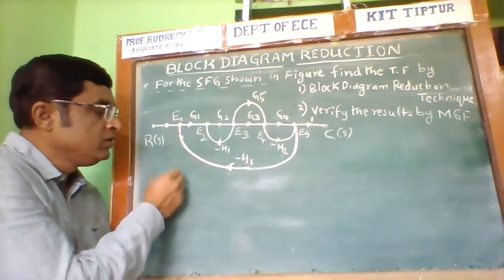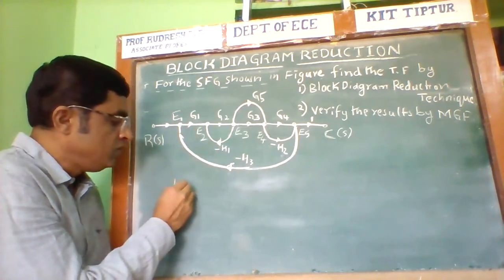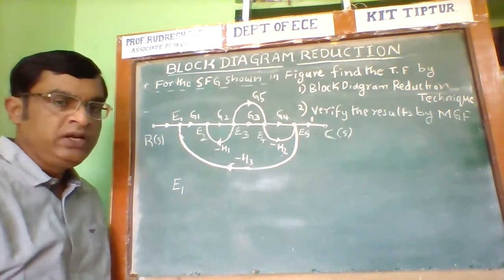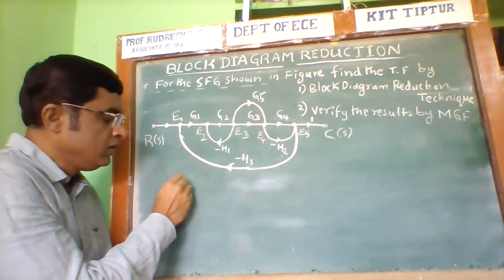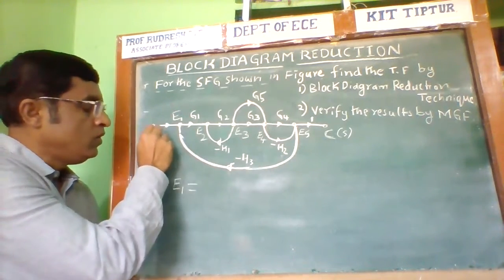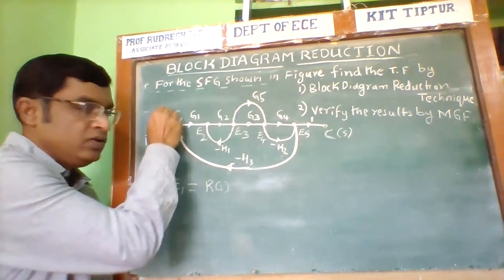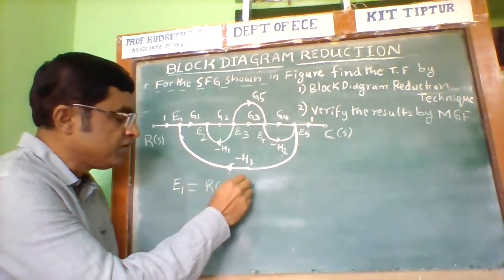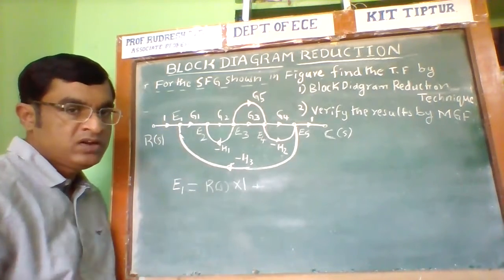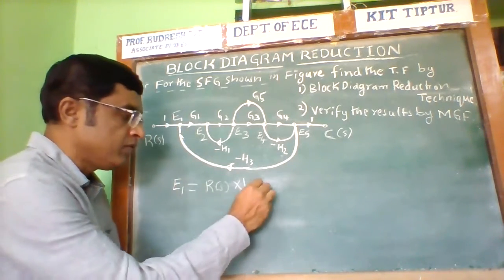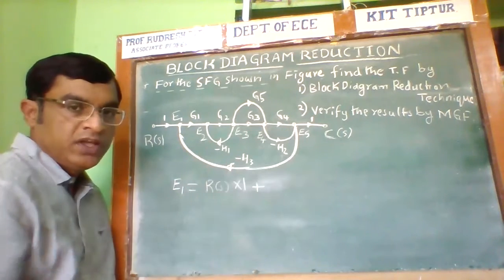Now here, what is E1? E1 is a signal. The incoming signal at this particular node E1 is R(s) into the gain, here 1, plus another signal coming from the node E5.